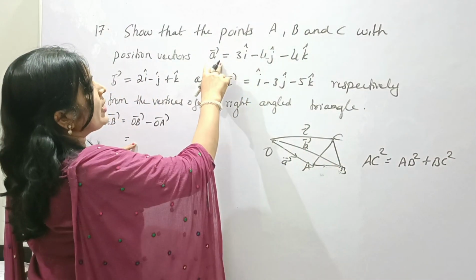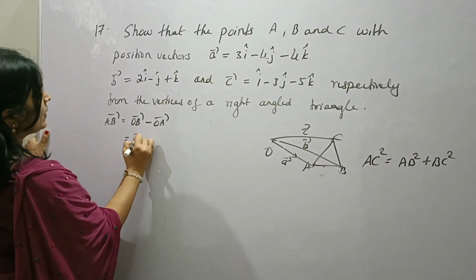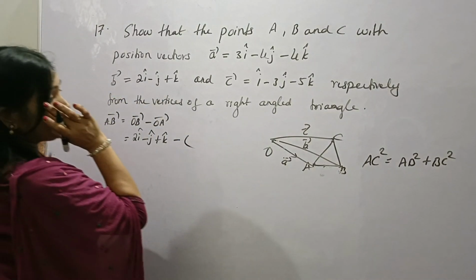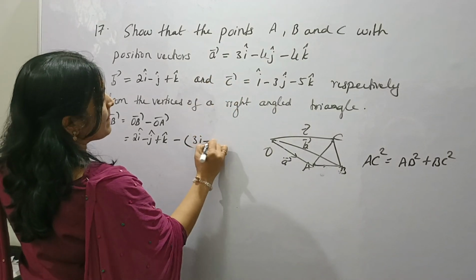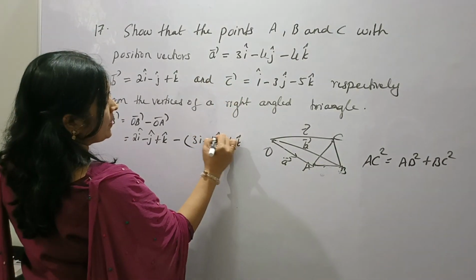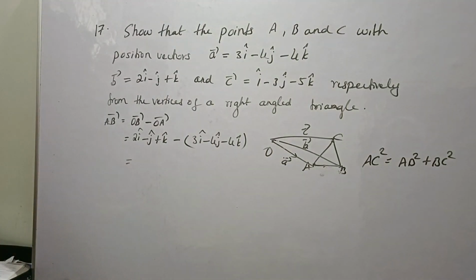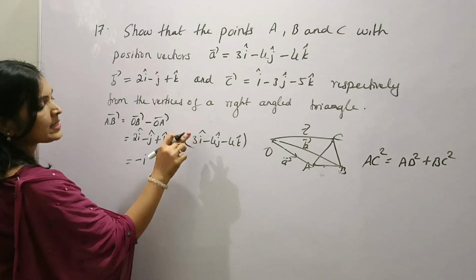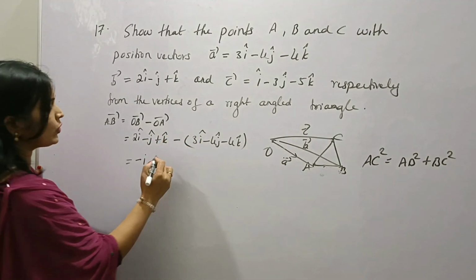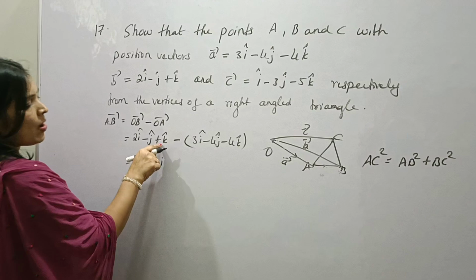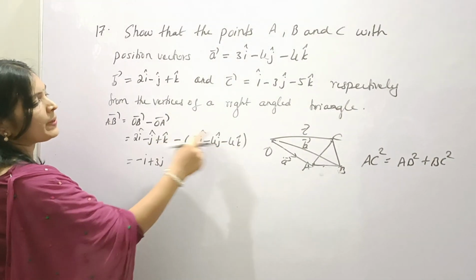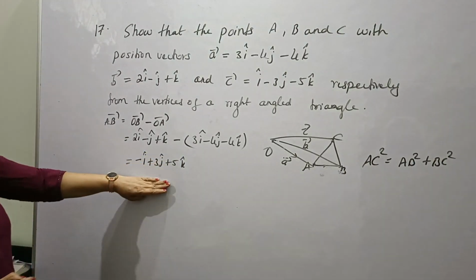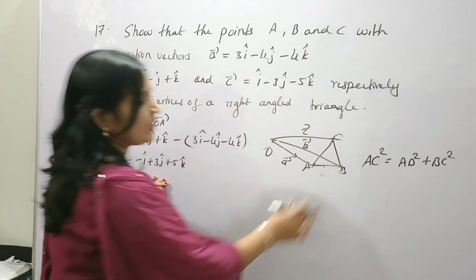That is vector B, 2i minus j plus k, minus vector OA, that is vector A, 3i minus 4j minus 4k, right? That is equal to 2 minus 3, minus i, minus 1 plus 4, that is plus 3j, 1 plus 4, so plus 5k. So it is the vector AB.